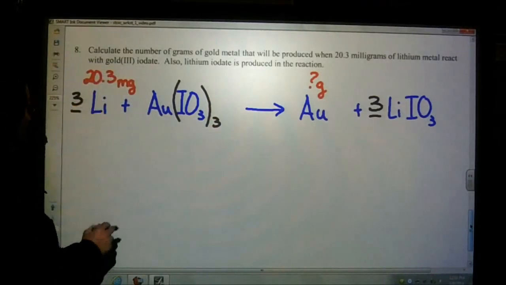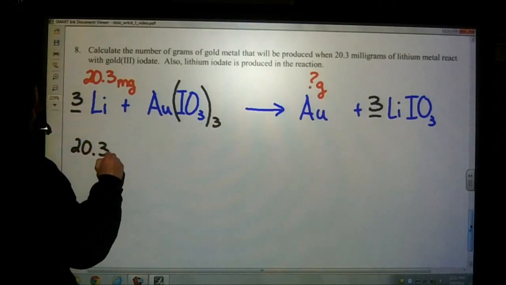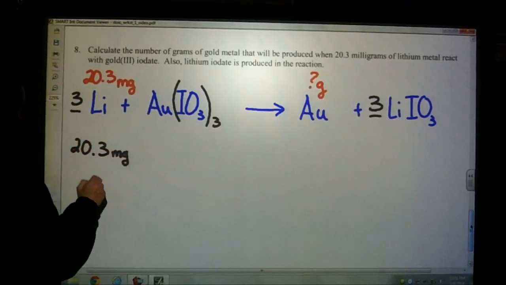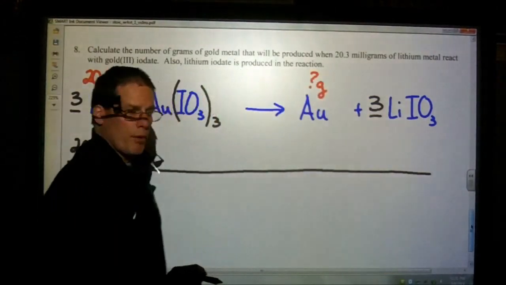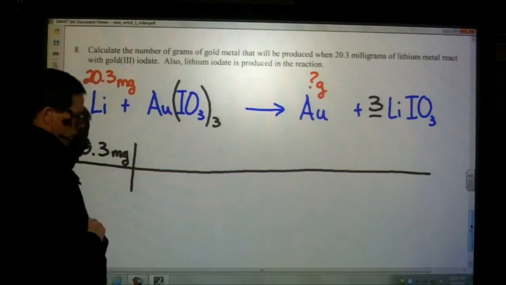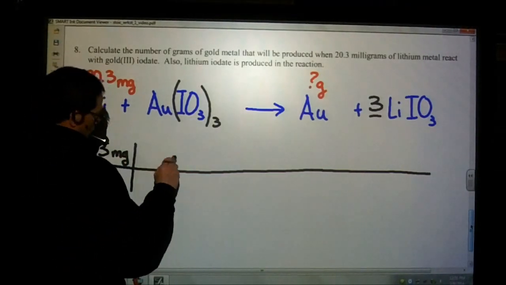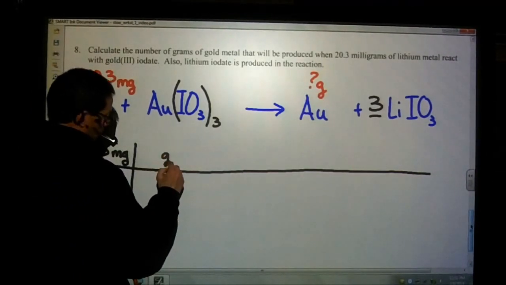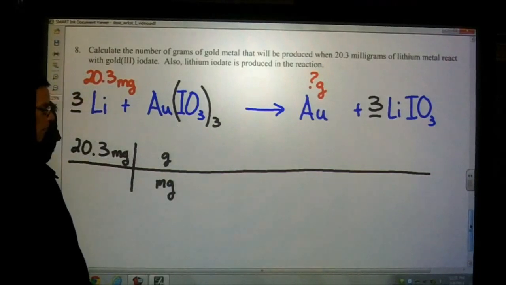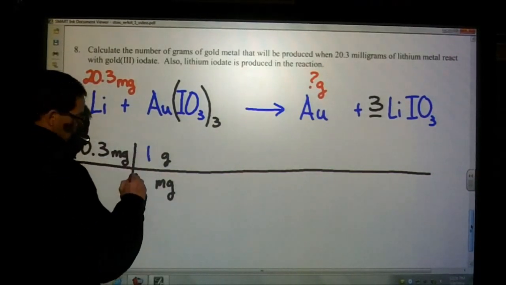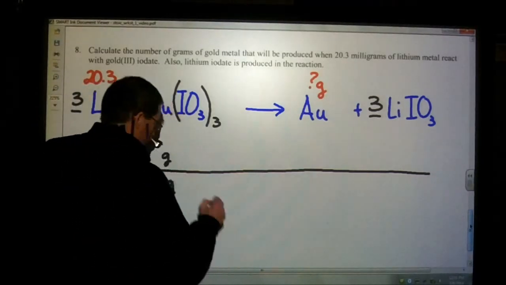Step 2, start with what you know. So we have 20.3 milligrams of lithium. Let's convert the milligrams to grams, because on the periodic table, everything's in grams. When we look at grams and milligrams, you have to ask yourself, which is bigger, a gram or a milligram? 1 gram is bigger, and there are 1,000 milligrams in each gram.